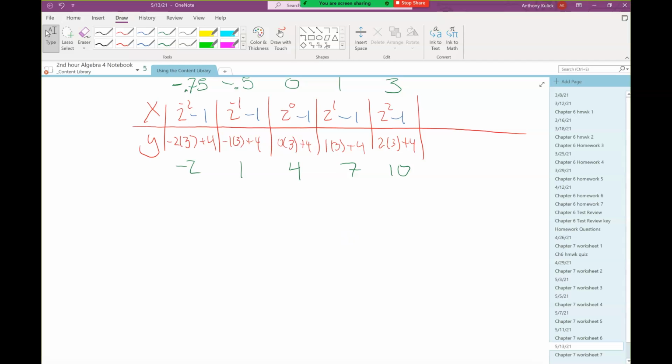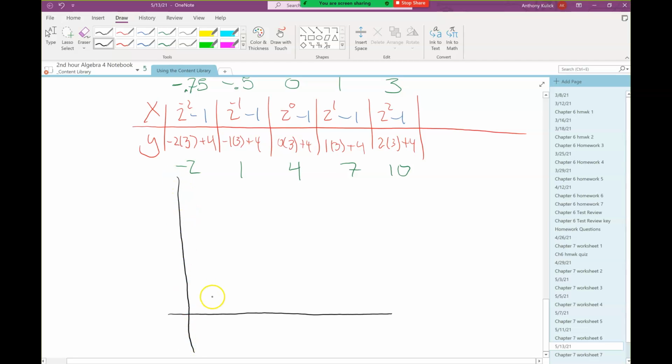Anyways, let's draw our graph then. Negative 1, 2, 3. I'll draw my vertical asymptote.